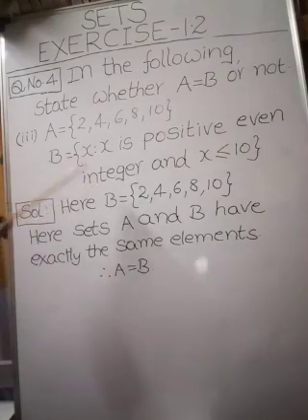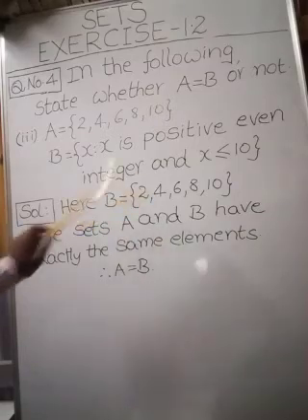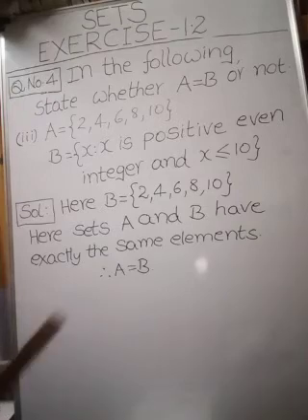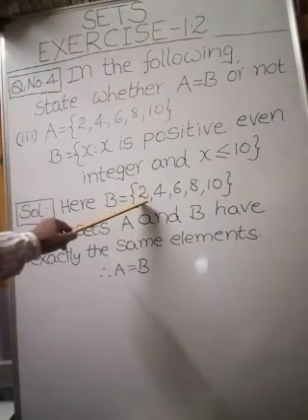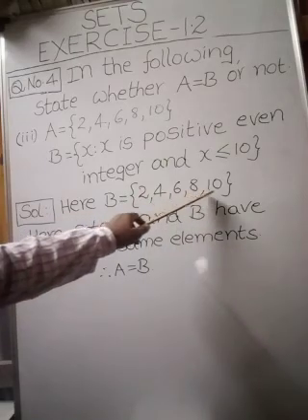Okay, my dear children, now we have to check whether these two sets are equal or not. First of all, we have to write set B in roster form. Without writing a set in roster form, we can't compare the two sets. That is why here we wrote set B in roster form. What are the elements in set B? 2, 4, 6, 8, 10.